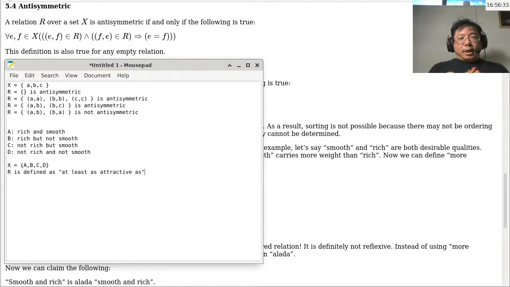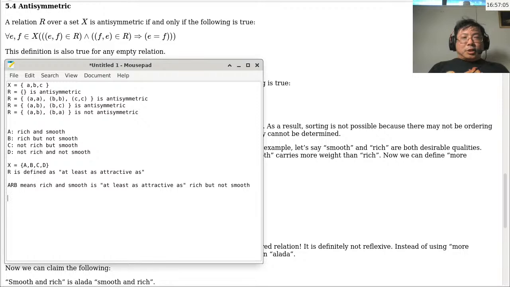That is the relation. In other words, we want to find out whether A or B. Okay, so A or B means rich and smooth is at least as attractive as rich but not smooth. So does everybody understand what R is representing?